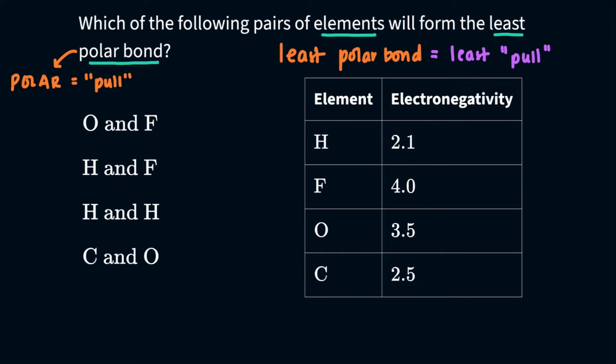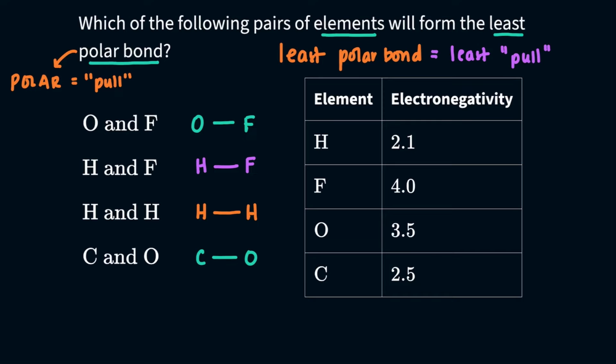We can just write that out: O bound with F, H bound with F, H and H, and then C and O. It doesn't matter whether it's a single or double bond to answer this question, so I'm just going to make them all single bonds.